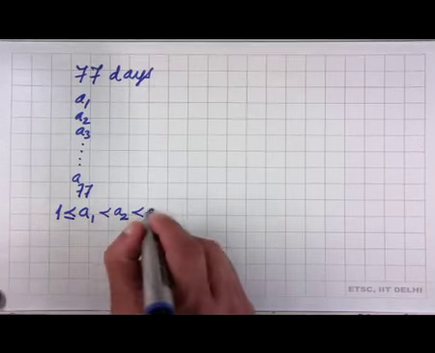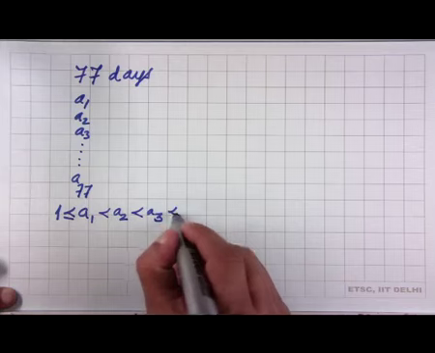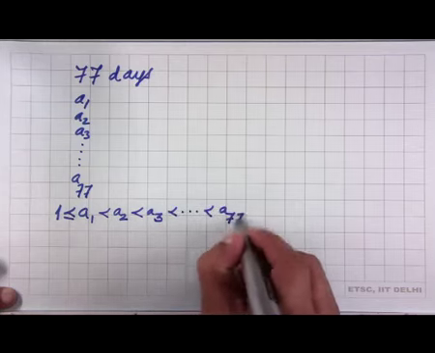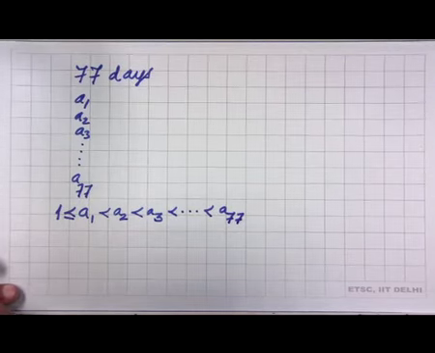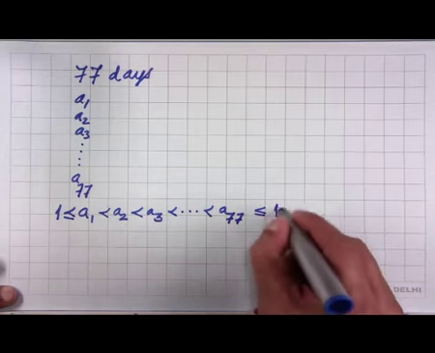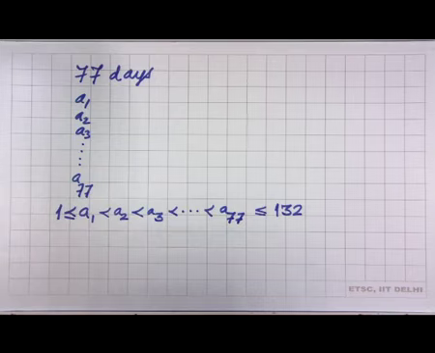This sequence goes on. It's what we would call a monotonically increasing or a strictly increasing sequence of numbers. And I'm going to denote it by putting a few dots at the end of it, and write less than A77. Now, A77 is no more than 132. If you recall, the total number of games that he could have played at most is 132.